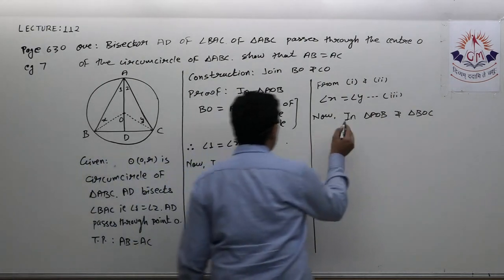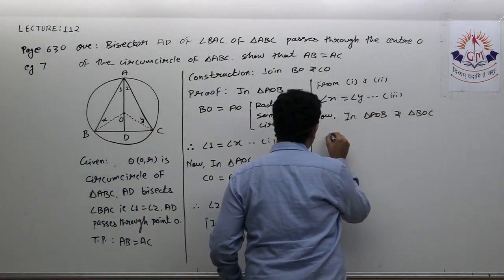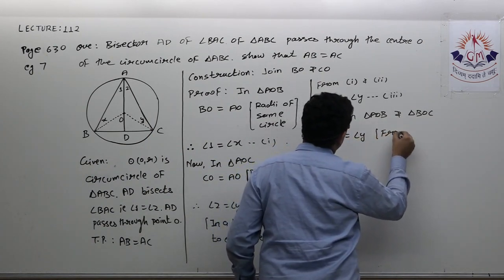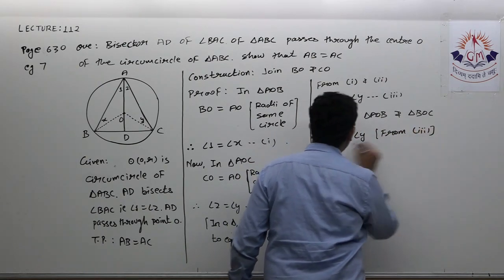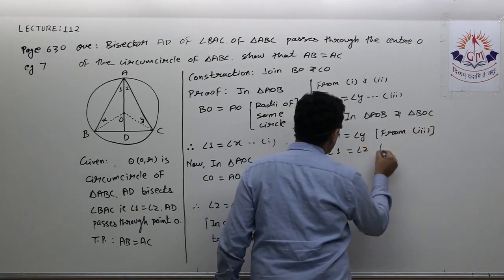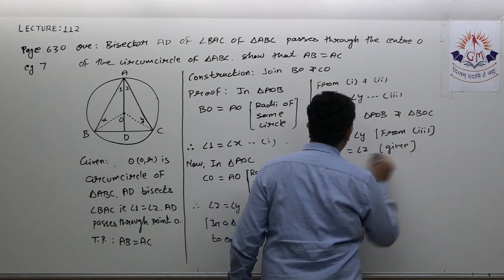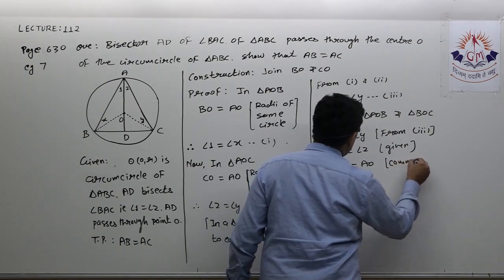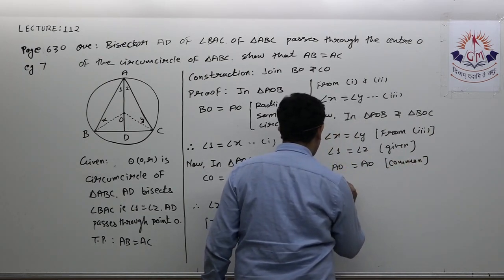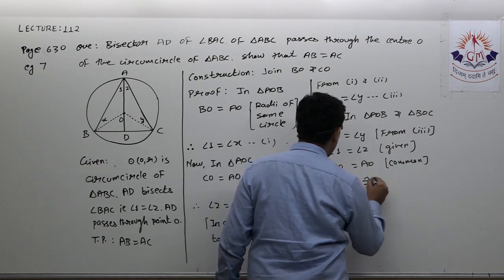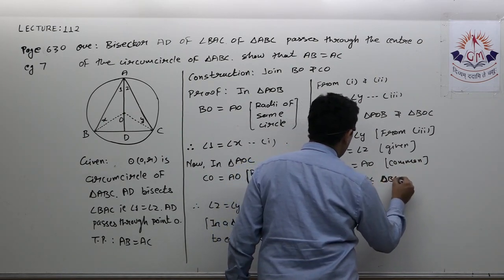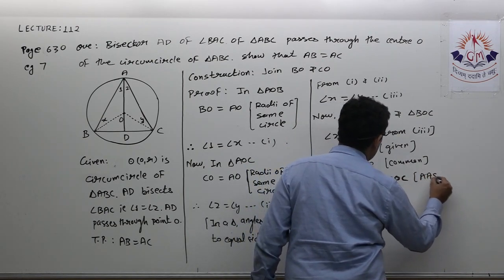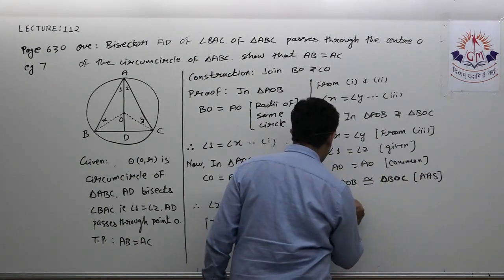So angle X is equal to angle Y, that is from third. Angle 1 is equal to angle 2, that is given, and AO is equal to AO, that is common. Therefore triangle AOB is congruent to triangle BOC by angle side, and hence I can say AB is equal to BC.